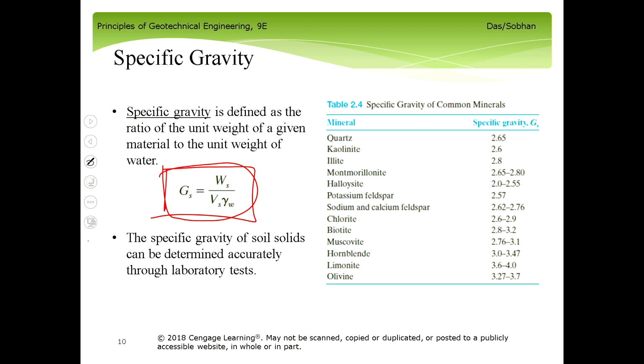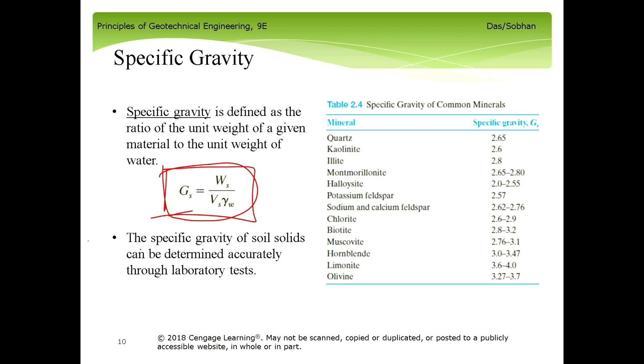Degree of saturation may change, but specific gravity never changes. It doesn't matter if it is a compacted soil or a natural soil, because it just relates to the weight ratio between the water and this soil solid. It is a ratio, so it never changes. It is always fixed. This is why we say quartz is 2.65. It never changes, right?